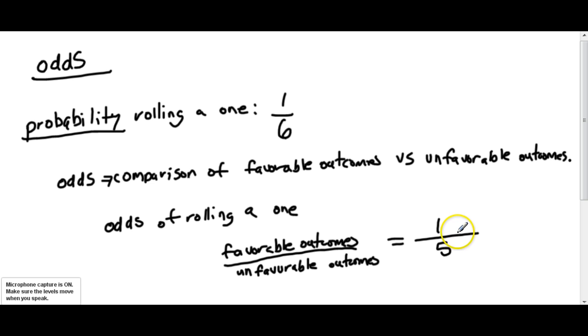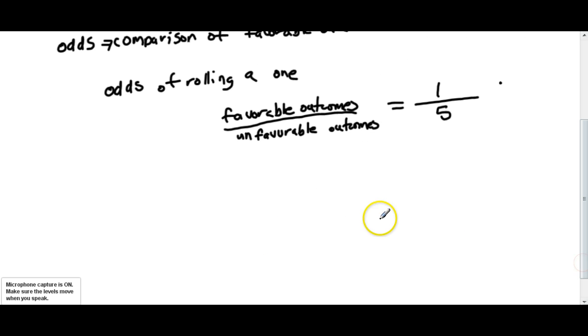So that's odds expressed as a fraction, but usually odds are expressed as a ratio. So we would say that the odds of rolling a 1 is 1 to 5.